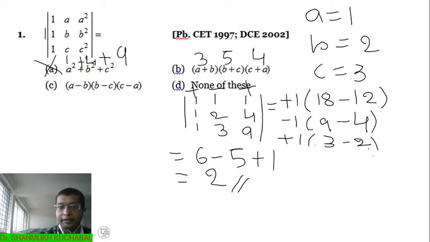If you multiply these, the answer is not equal to 2. Here it is a minus b minus 1, b minus c minus 1, then c minus a plus 2. If you multiply, we get 2 as an answer, so c is the right answer.